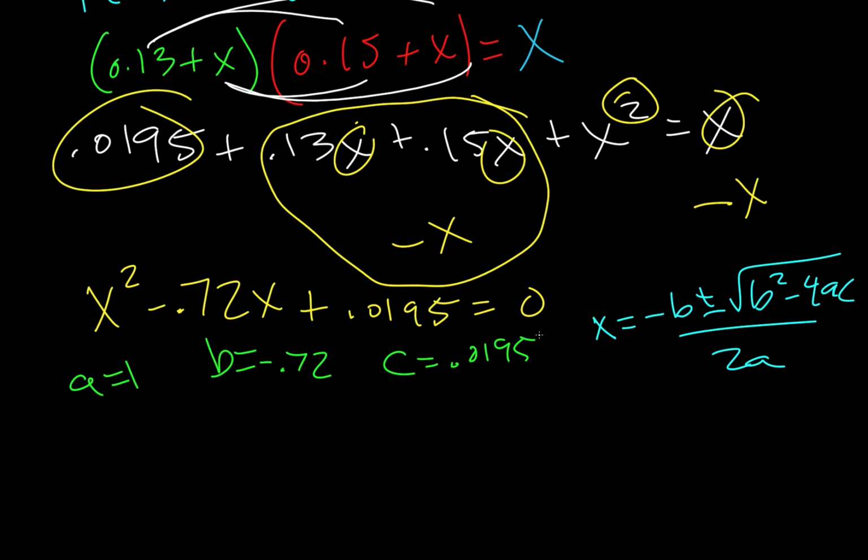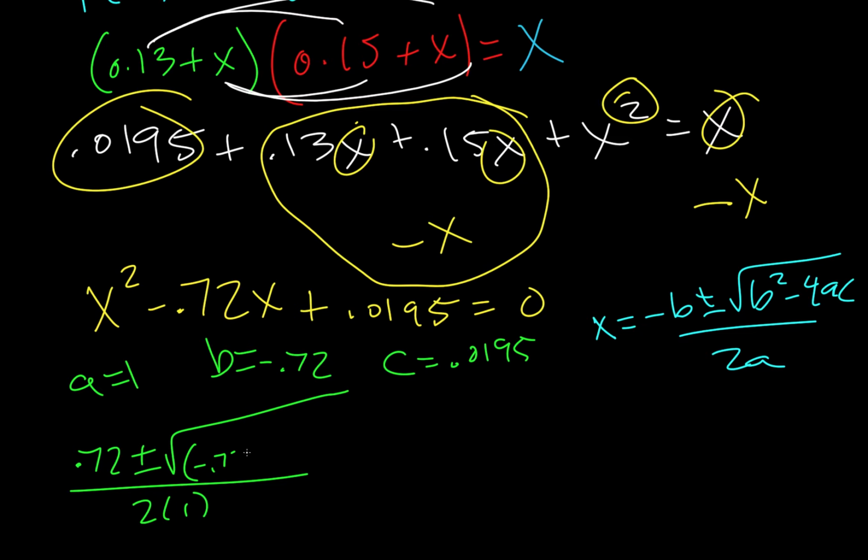I definitely use a calculator on this, but I'm going to get 2 times 1 on the bottom, and the opposite of b, so that's going to be positive 0.72. b squared is going to be negative 0.72 squared minus 4 times a times c.